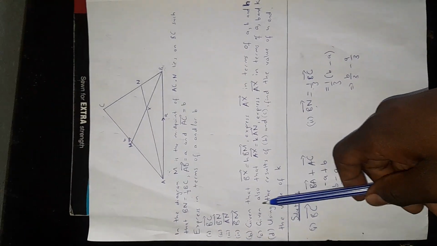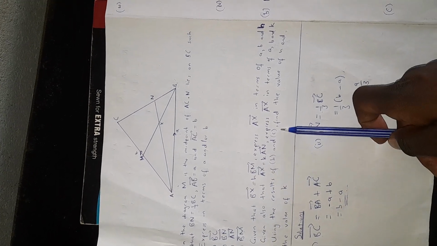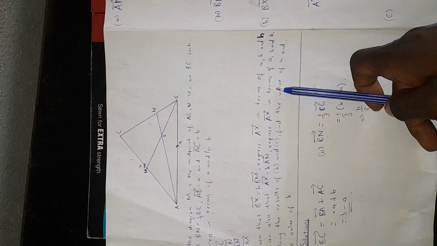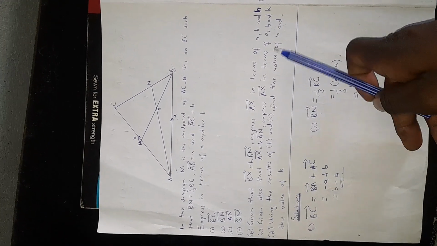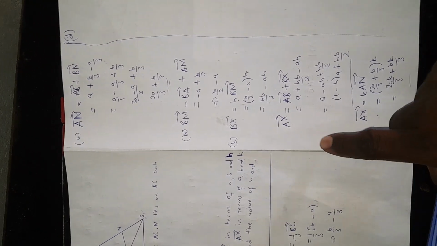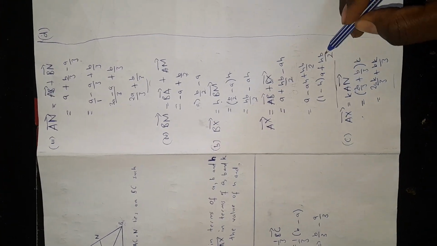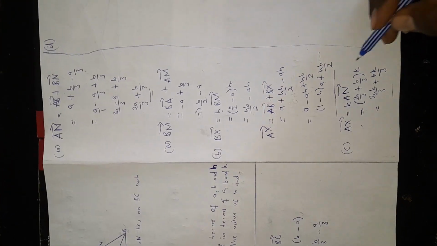They're saying that using the results of B and C, find the values of H and K. So using the results of B and C, this is the result for B, which means this will be my equation.